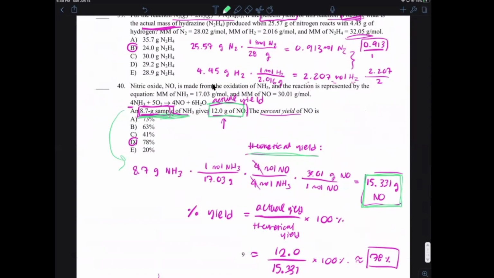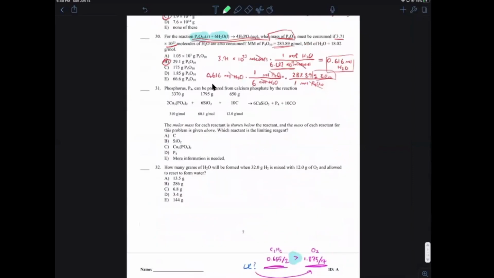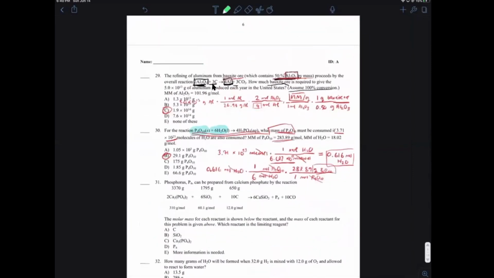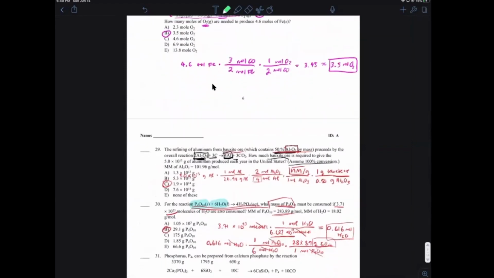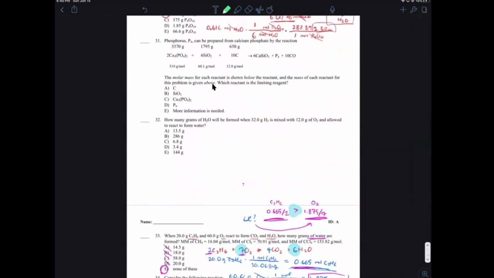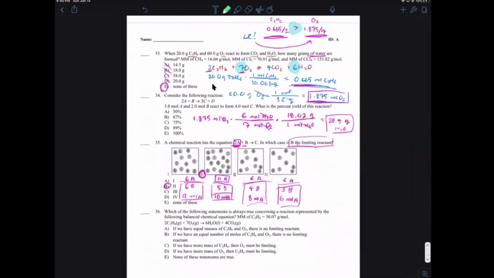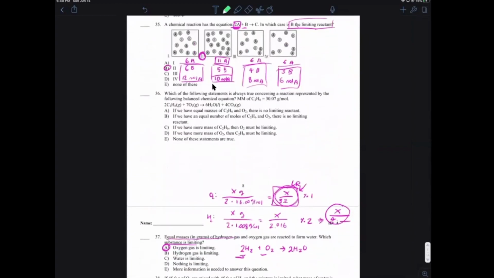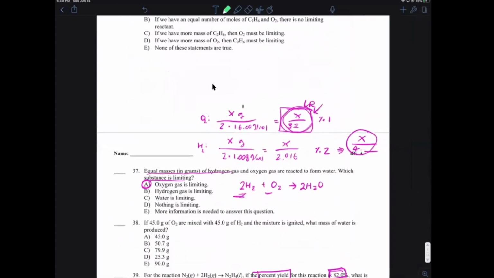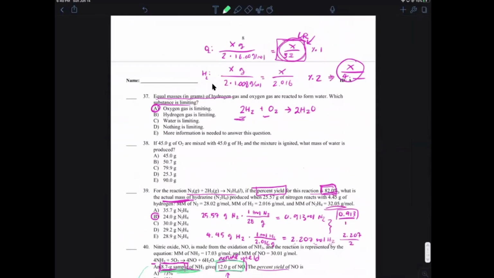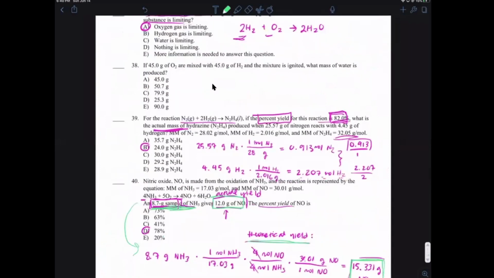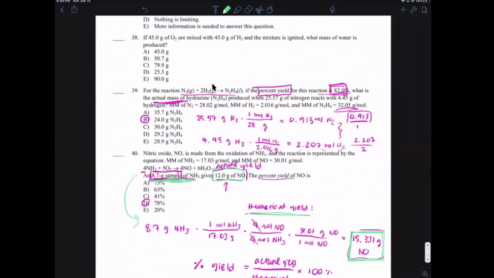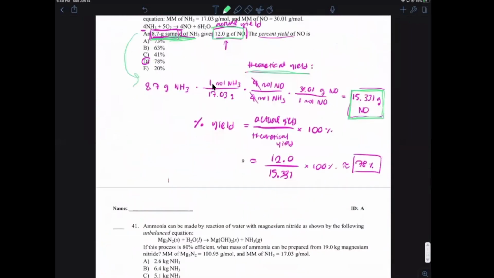So are there any other questions about the test? If not, are there any questions or topics you want to go over? We can do more about limiting reactant or stoichiometry.